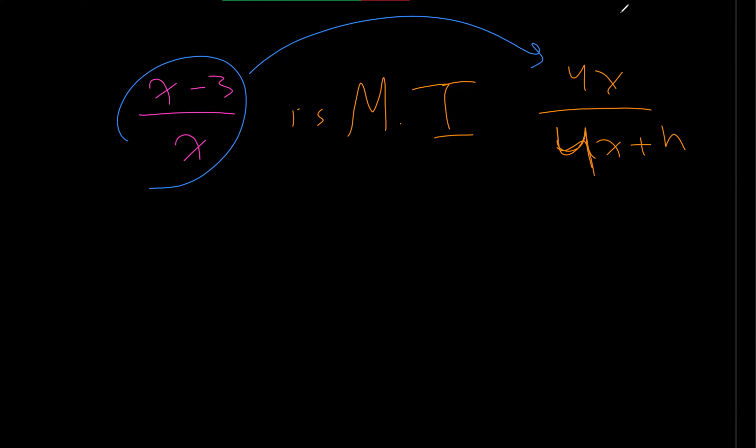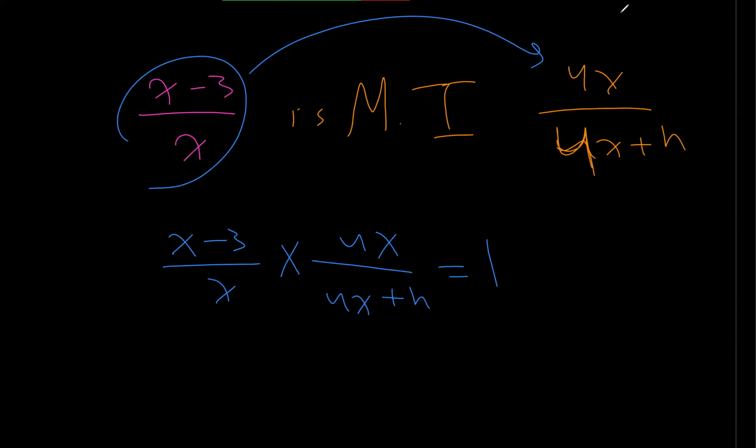That means if I multiply this number, x minus 3 over x, by 4x over 4x plus h, it's going to give me 1. This is the idea. Good.